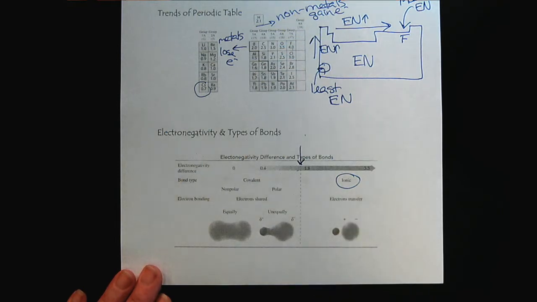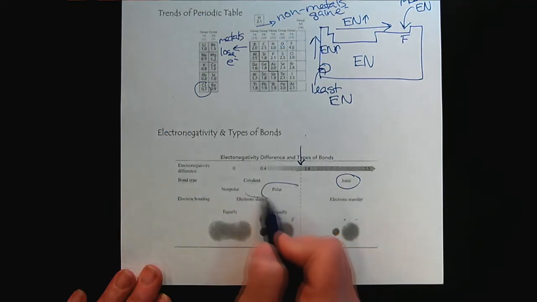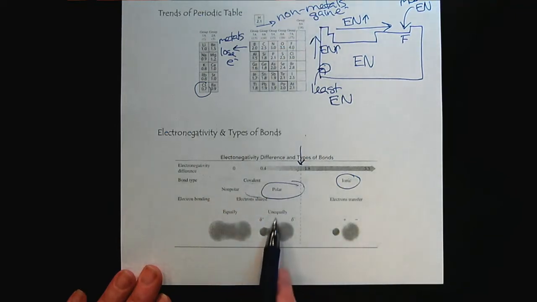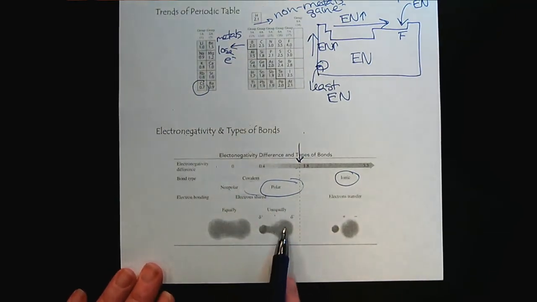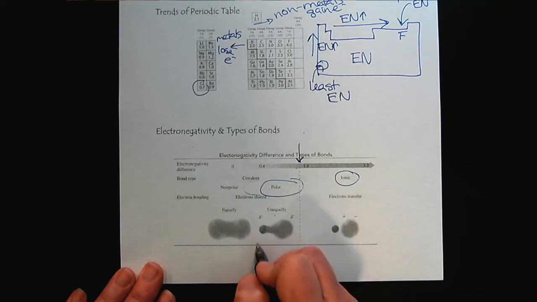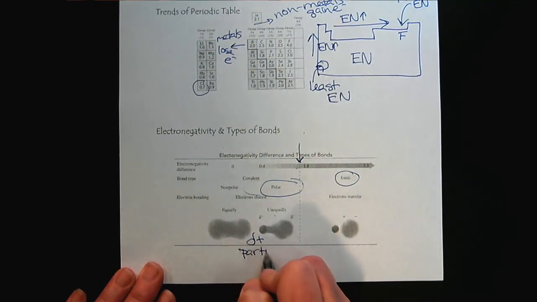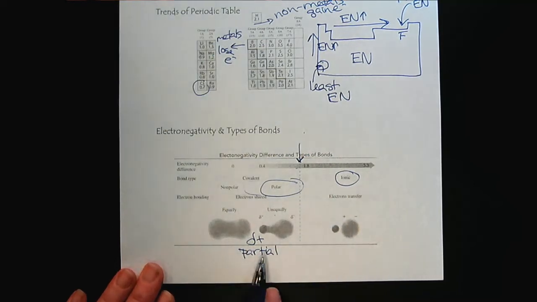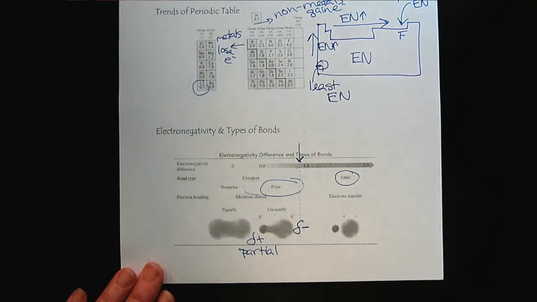So where things get interesting is in this gray region right here, where we have the unequal sharing of electrons. This creates poles of charge, where we have the partial positive. This symbol here, this Greek lowercase delta, means we have a partial positive charge and we have a partial negative charge.